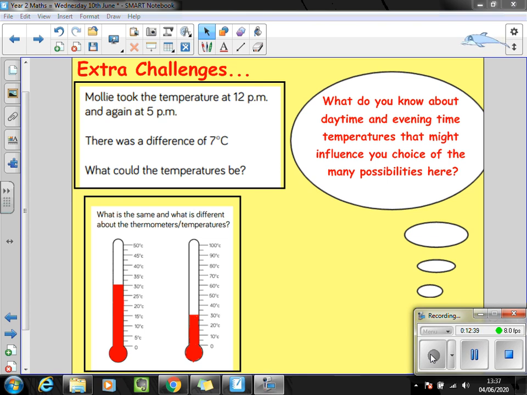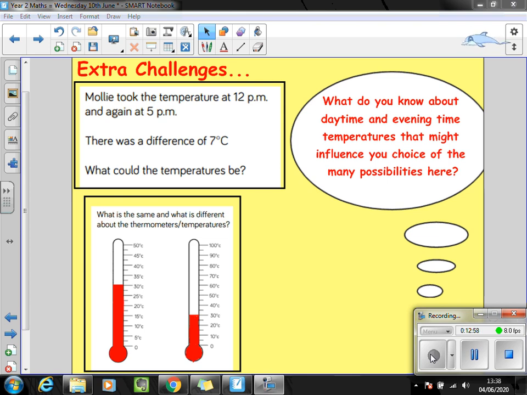But I want you to really think about, what do you know about the temperature during the daytime and the evening temperatures that might influence your choice of the many possibilities? Think carefully and explain your reasoning.